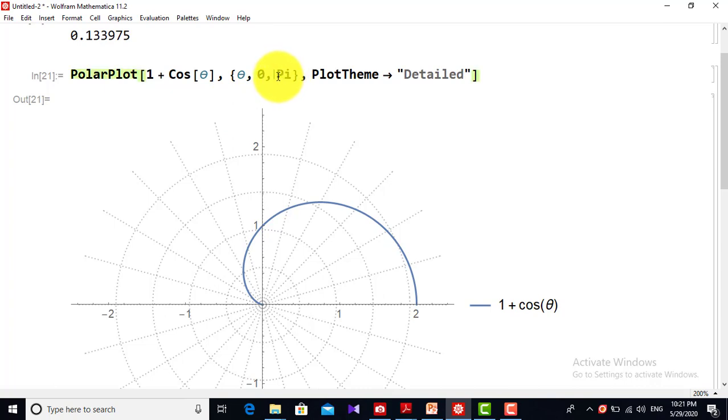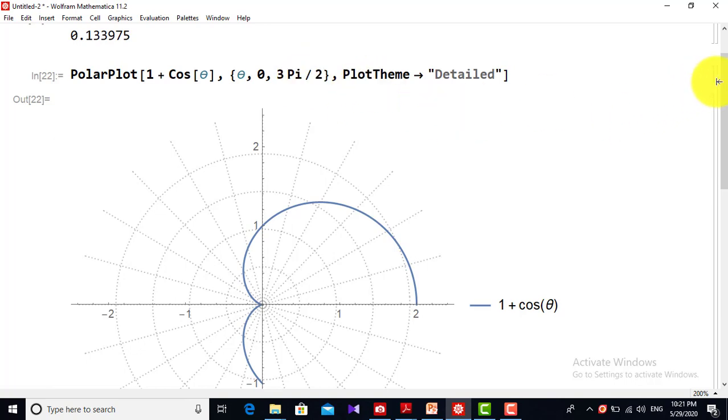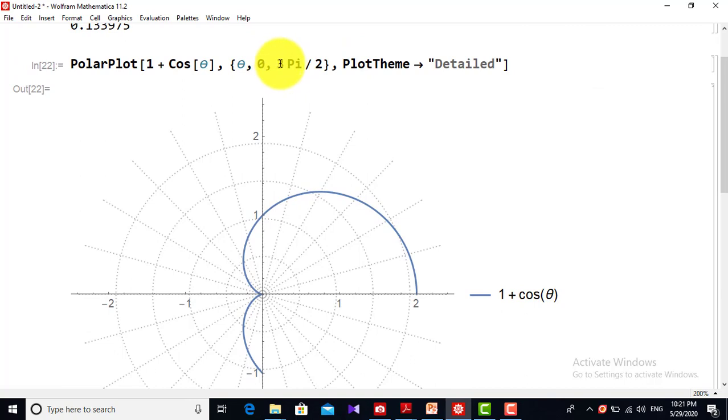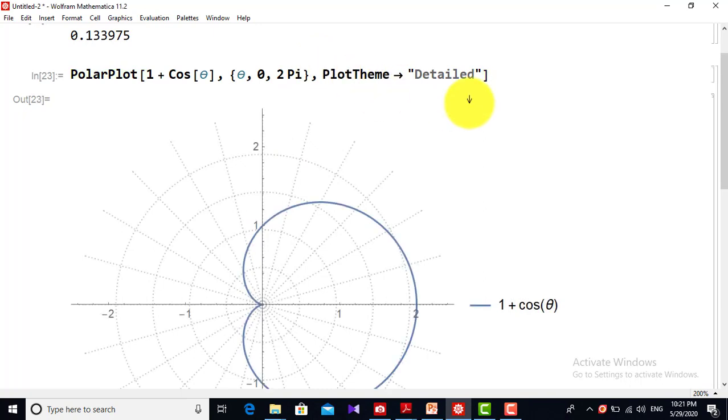After pi, if I give 3 pi by 2, what I have got is like this. It is still incomplete. If I give the value of 2 pi, then I will be getting a graph like this.